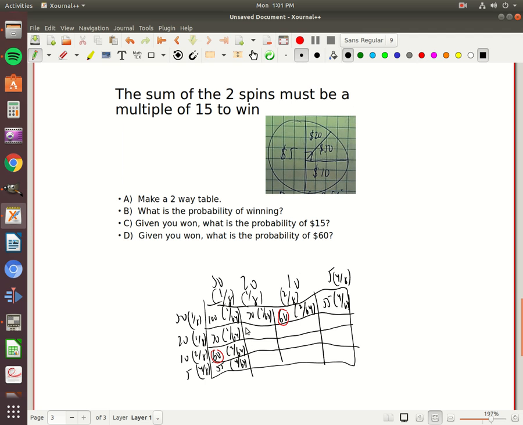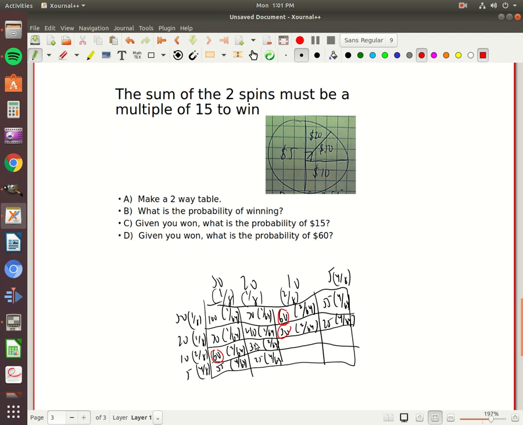Next, this would be a 40, and that's going to be a 1 out of 64. This would be a 30, and that's a 2 out of 64, and that's a winner. And then this is a 25, which is a loser, which is a 4 out of 64. So again, I'll go through and circle the winners.